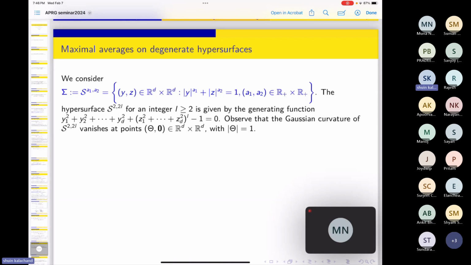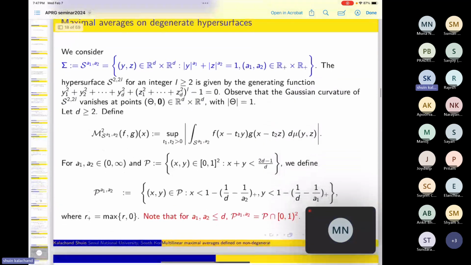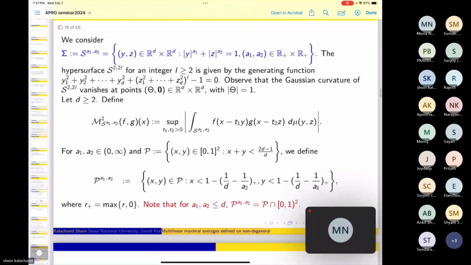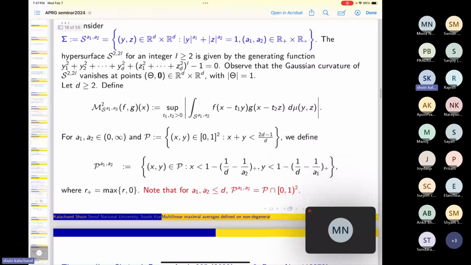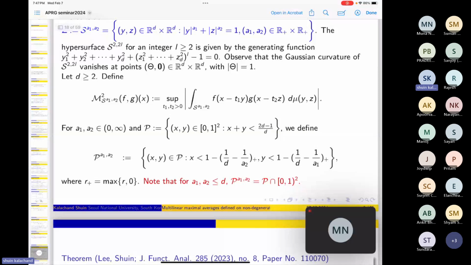Now if we consider the maximal function on this hypersurface, this is our bilinear maximal function, and we want to study the L^p boundedness of this operator. So let P be the set which we defined for the bilinear spherical maximal function.